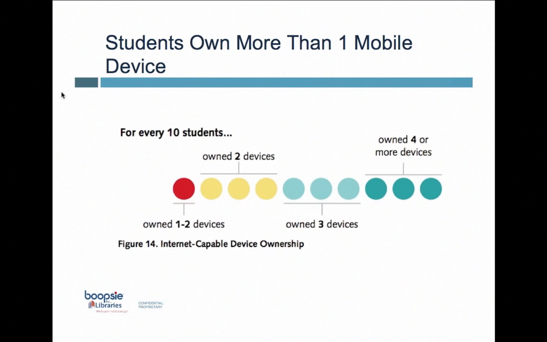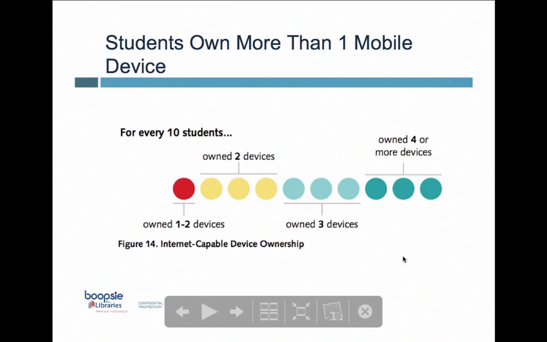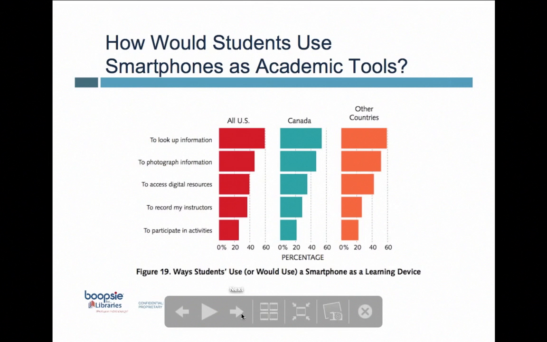Oftentimes they're carrying around the lightest device, which is either their tablet or their smartphone, and students are even taking notes in class on these devices. More and more you're seeing this today. Students expect access to information in certain ways. It's very easy to use. They get very frustrated if it's difficult to find something. And again, how can you deliver information to your students?